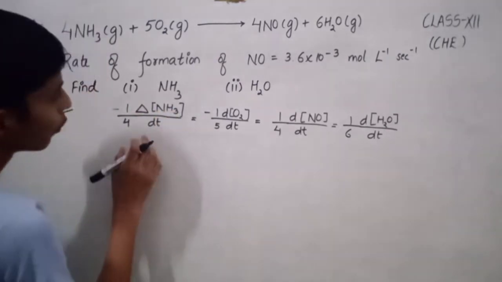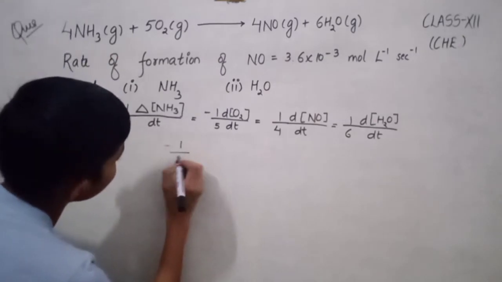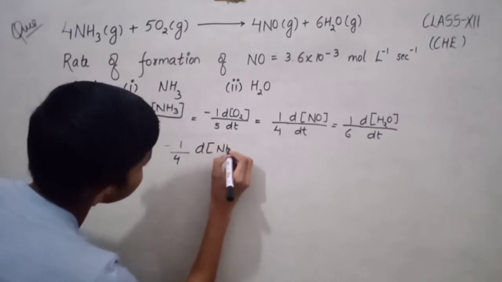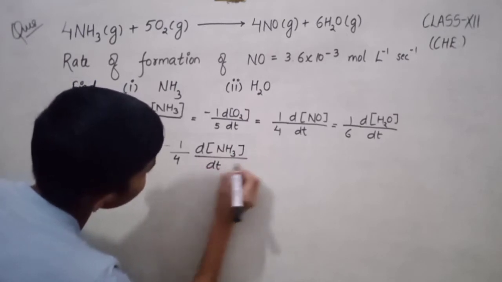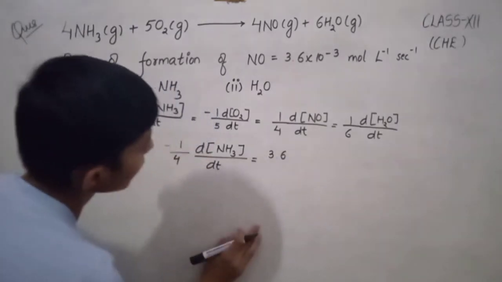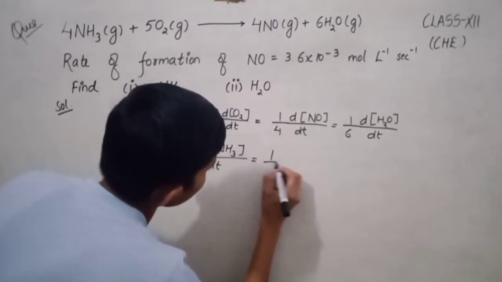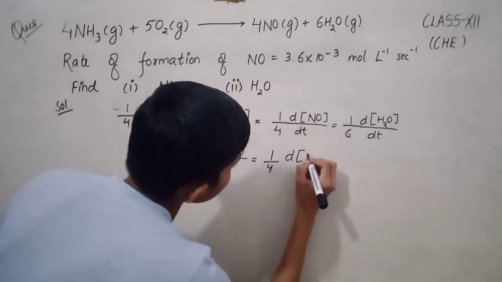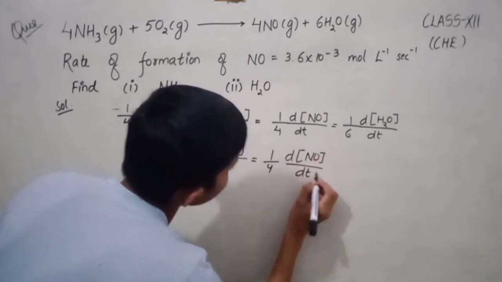So we equate minus 1 by 4 d concentration of NH3 divided by dt equals to 1 by 4 d NO divided by dt.